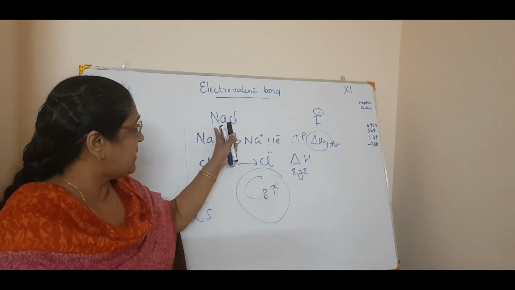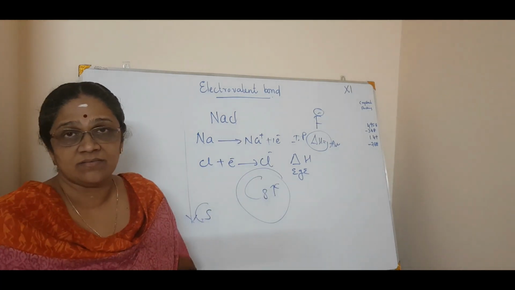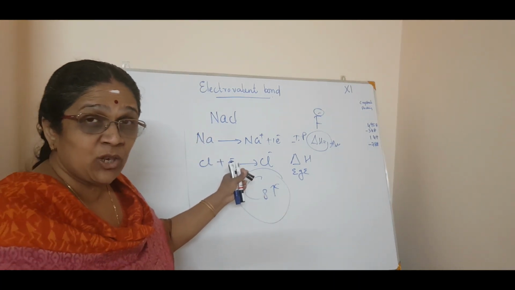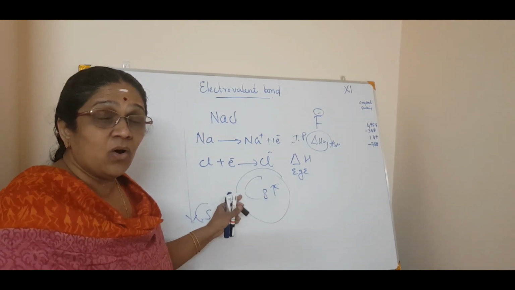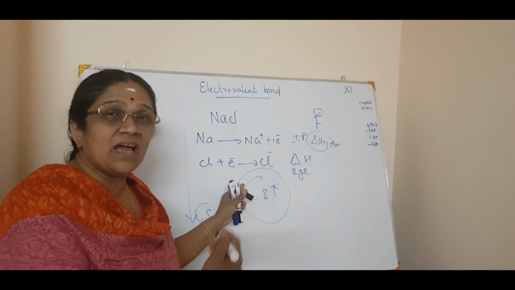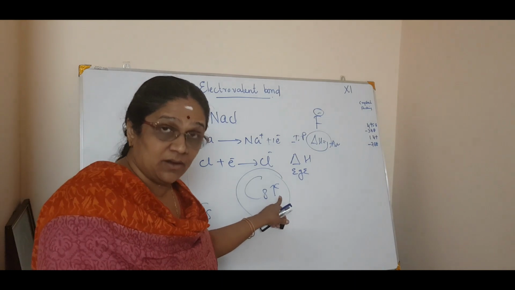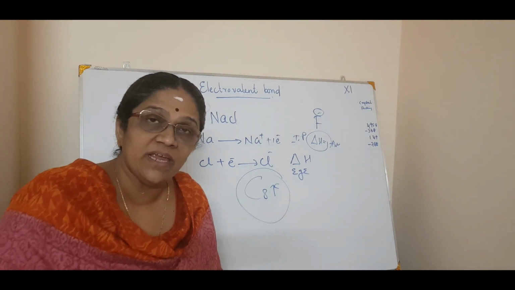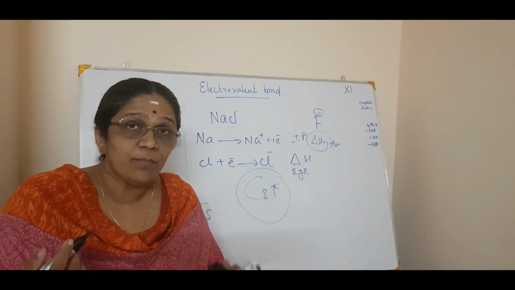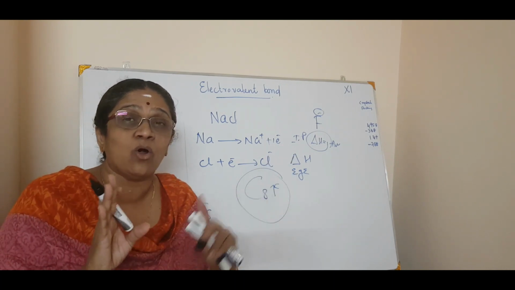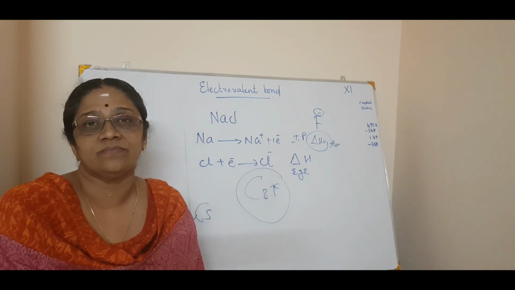That is why Na and Cl minus, NaCl. Or K plus and Cl minus: K is a metal, Cl is a non-metal, KCl. Or NaI, sodium is a metal, iodine is a non-metal, sodium iodide. Cesium is a metal, fluorine is a non-metal, so cesium fluoride. So in general, an ionic bond is formed between a metal which forms a cation and a non-metal which forms an anion.